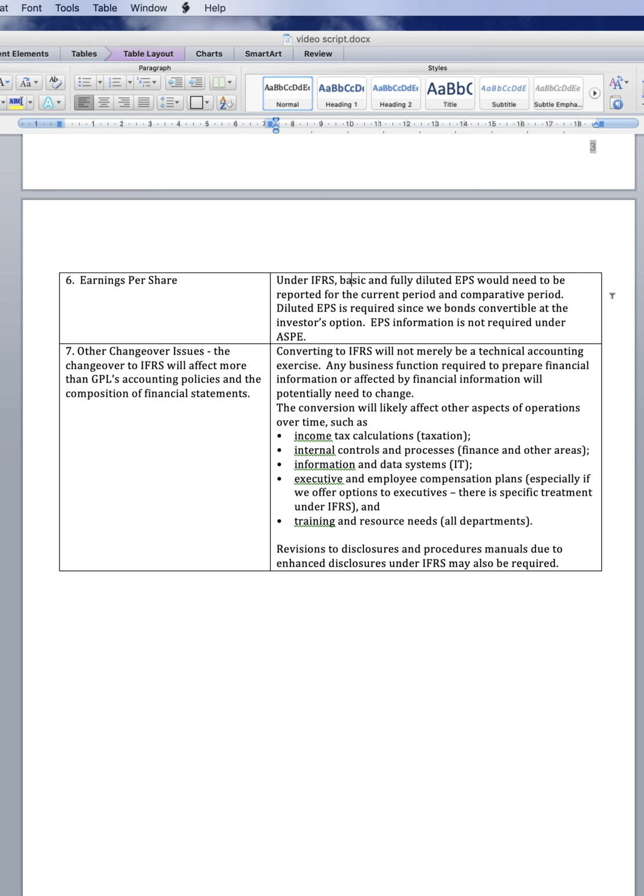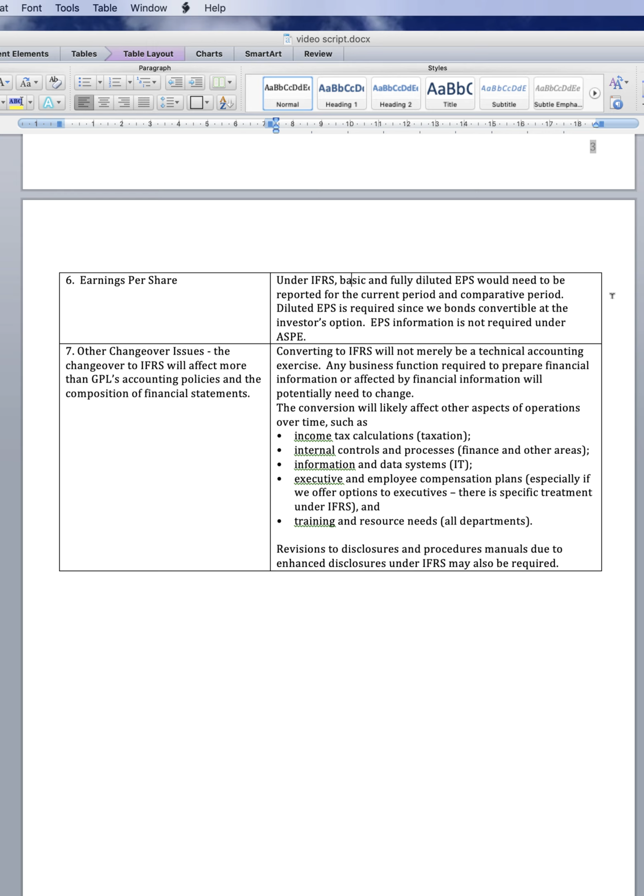That would mean you'd have more shares out there, 200,000 common shares, and that would change your weighted average common share denominator calculation for your EPS calculation. So again, you just have to be mindful that that's another difference you'd have under IFRS. You would be recording a diluted and a basic EPS. And again, EPS isn't a requirement under ASPE.